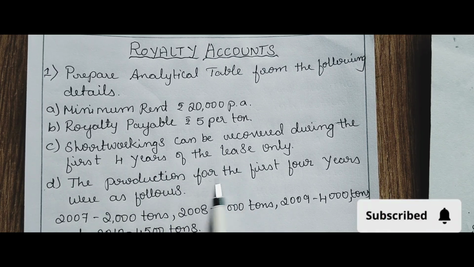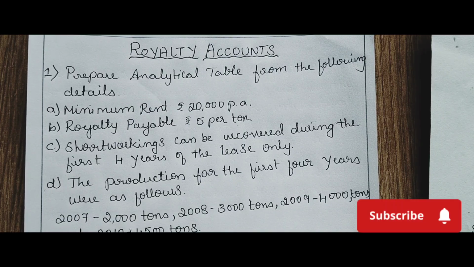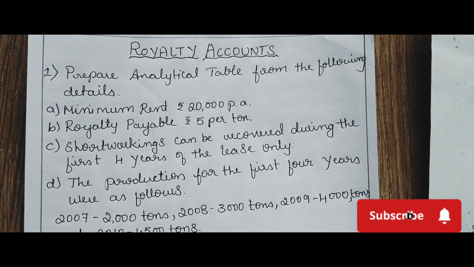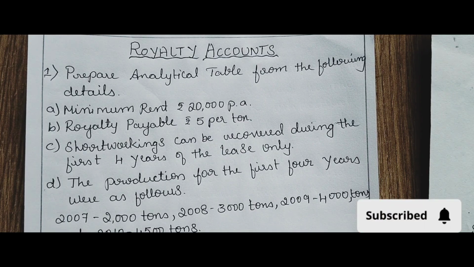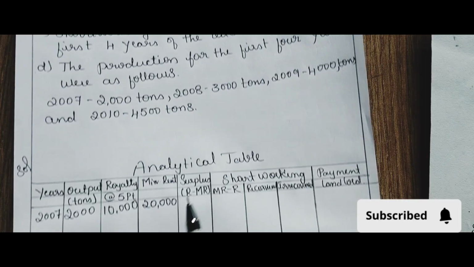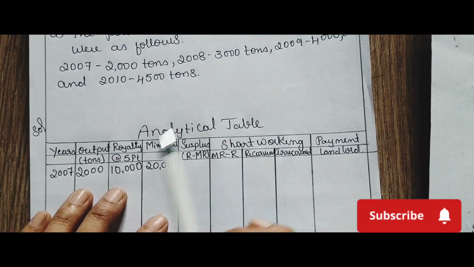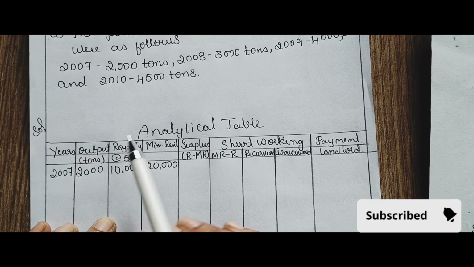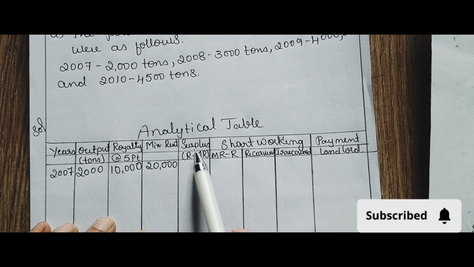The production for the first 4 years was as follows: 2007, 2000 tons; 2008, 3000 tons; 2009, 4000 tons; and 2010, 4500 tons. Here is the analytical table: year, output, royalty, minimum rent, surplus.